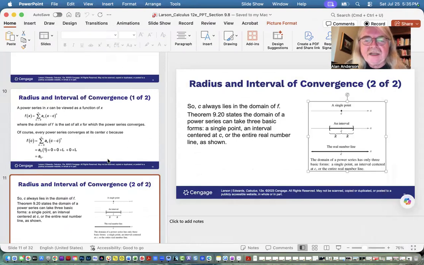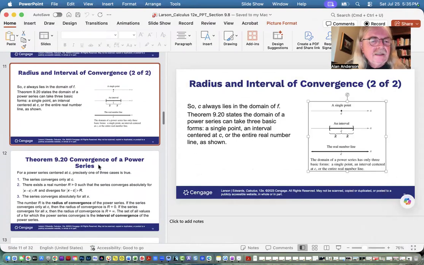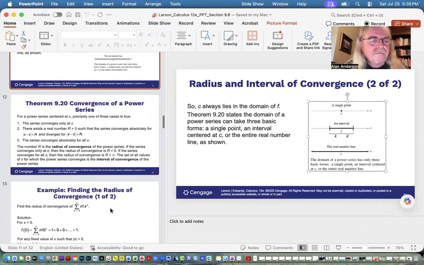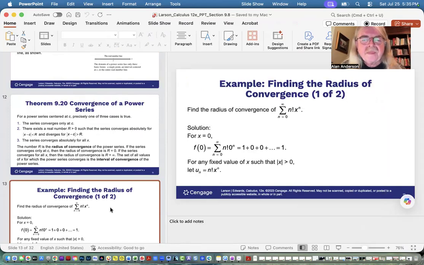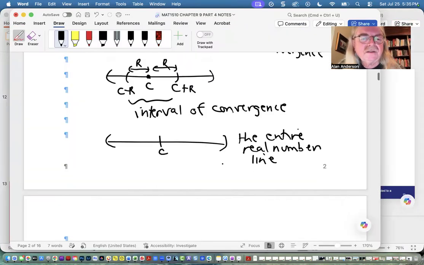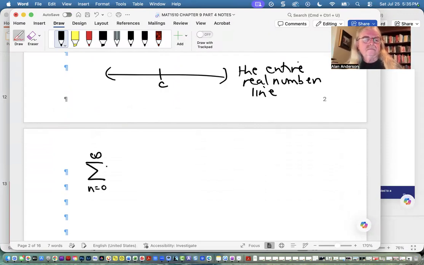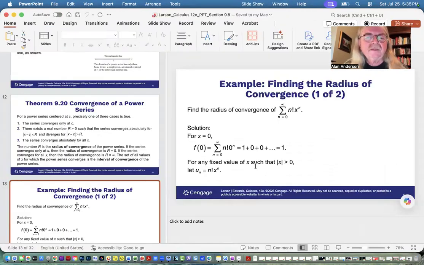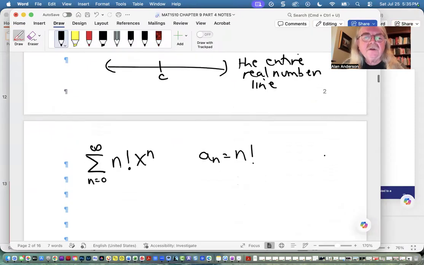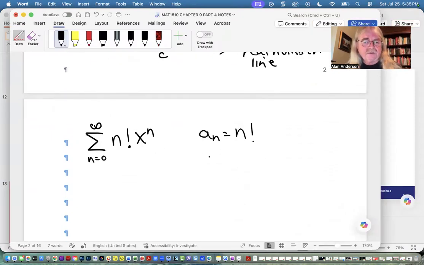Of course, now we have to figure out how to find these. So here they're going to ask us to do exactly that. Let's write this down. n factorial x to the n, which implies that a_n is n factorial. And if you notice, the center is 0 because of the way it's written.